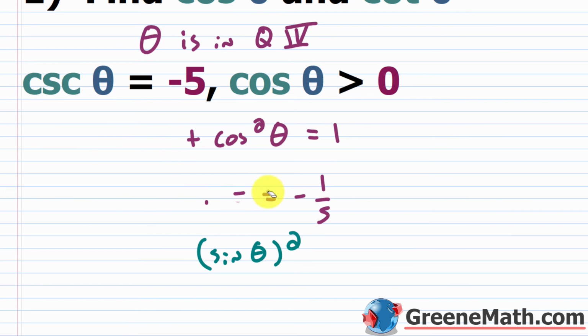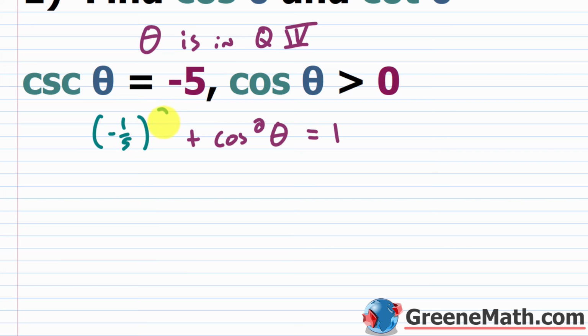So let me get rid of this, and I'm just going to plug in a negative 1/5 here, and I'm going to square that. So if I square negative 1/5, the negative is going to go away, and 1/5 squared is going to be 1 over 25. So this is 1 over 25 plus cosine squared theta is equal to 1. Okay, from here I want to isolate cosine squared theta on one side.